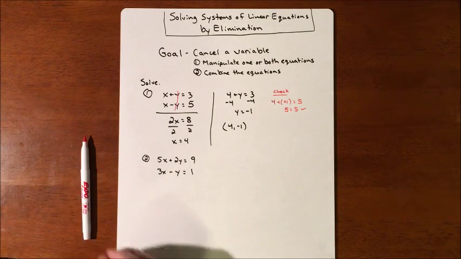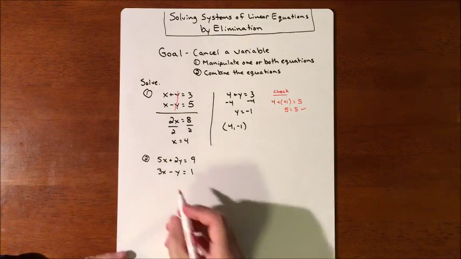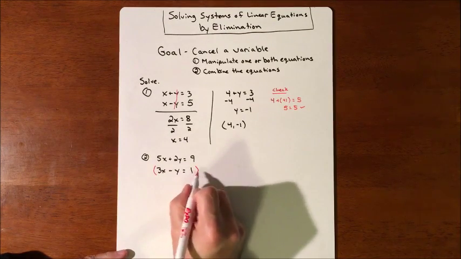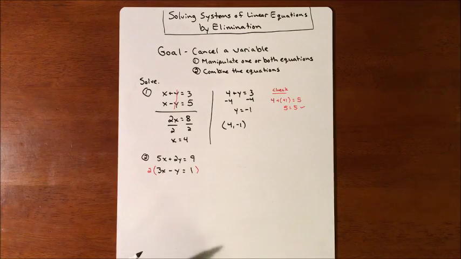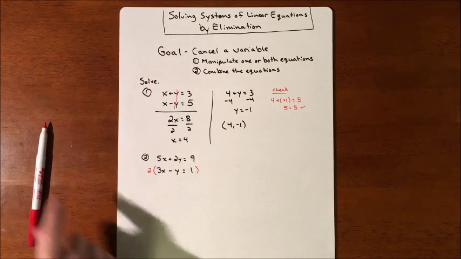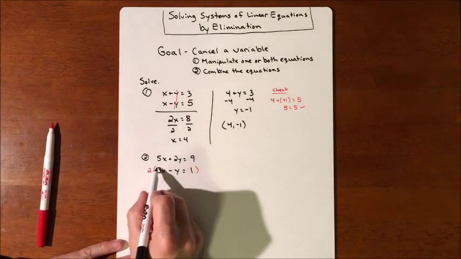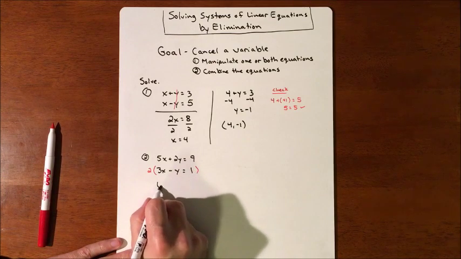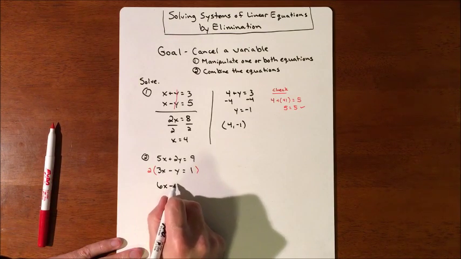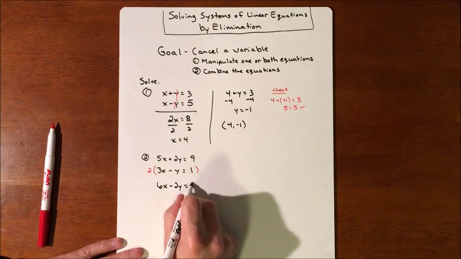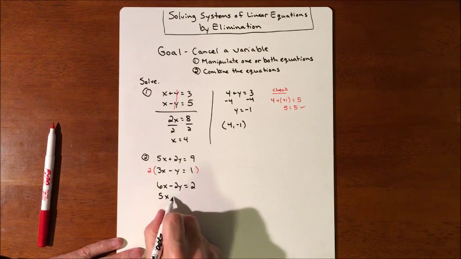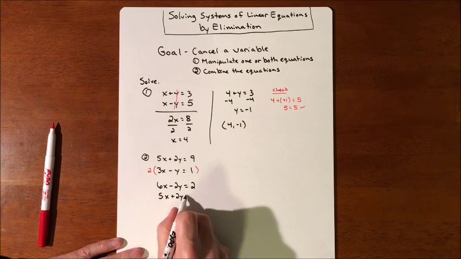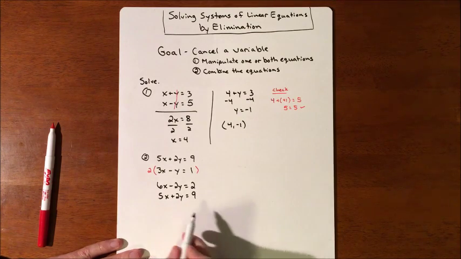We could multiply both sides of the equation by something. In particular, we're going to multiply this equation, both sides, by 2. The reason that we would do that is when we distribute this in, you'll get 6x minus 2y equals 2. And now we'll rewrite the first equation. We didn't do anything to it.